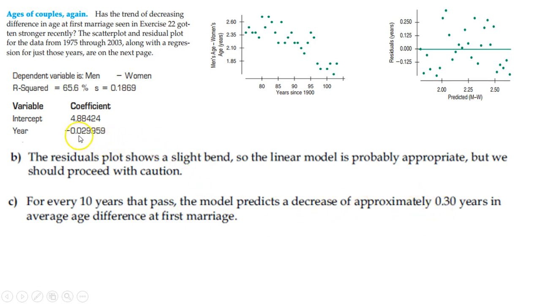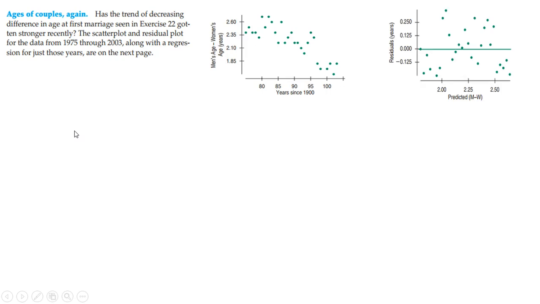So that's why we basically say, all right, well, let's move the decimal. Instead of 1 year, let's make it 10 years. So if 10 years, it goes down about 0.3 years. So for every 10 years that passed, the age difference came together by 0.3. It was just easier to see than saying, oh, well, every year it goes 0.03 down, right?